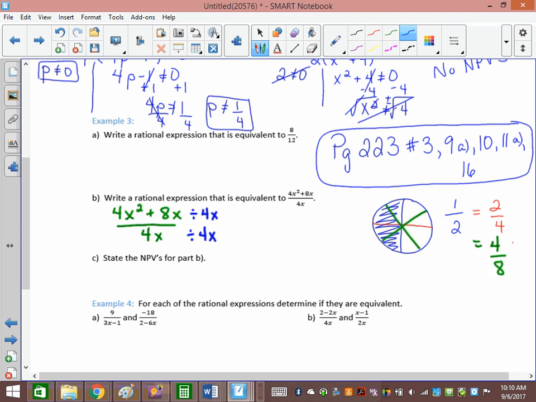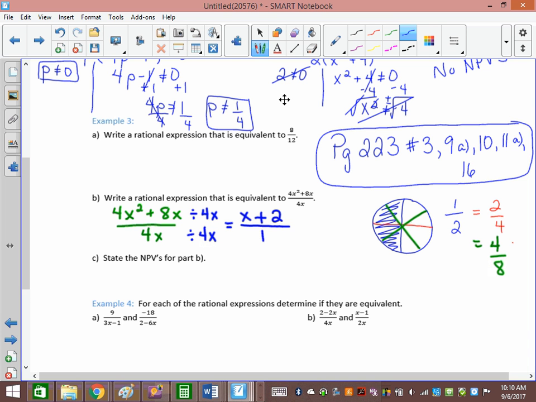So 4x squared divided by 4x is x plus. 8x divided by 4x is 2, because 8 divided by 4 is 2, x divided by x goes away. Over 4x divided by 4x, 1.